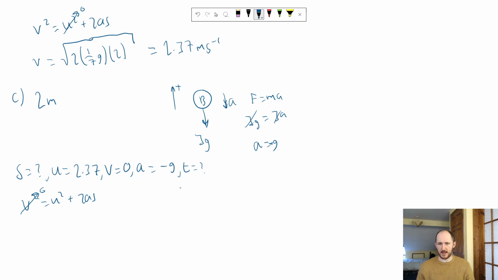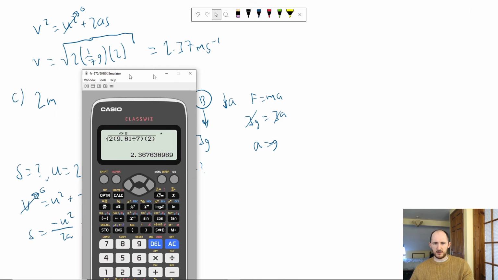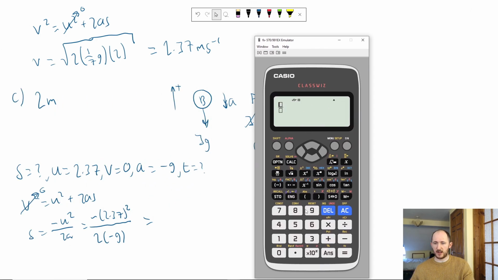And if we rearrange this for S, we get negative U squared over 2A. So negative 2.37 squared. I just had deja vu. I've done so many of these questions in the past that it's incredible. Perfect. So if you want, we can actually use an exact value. And whenever you can, you may as well use an exact value because it's fun. 2 times negative 9.81.